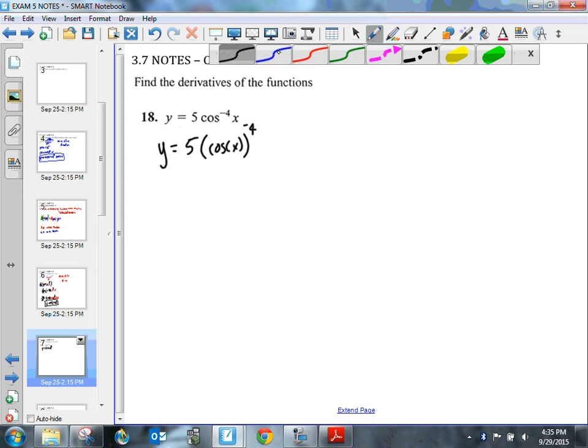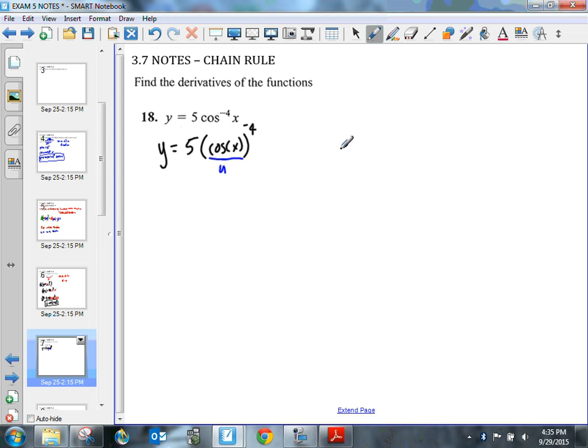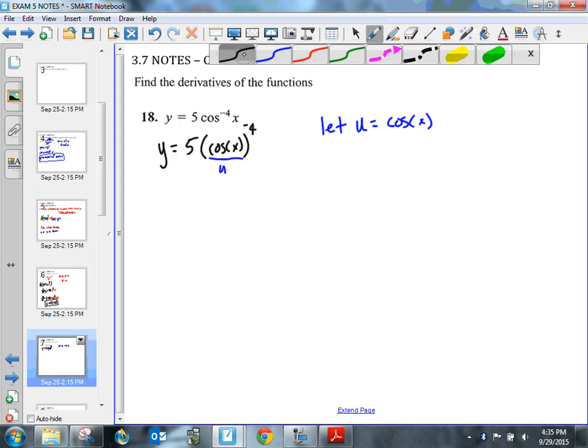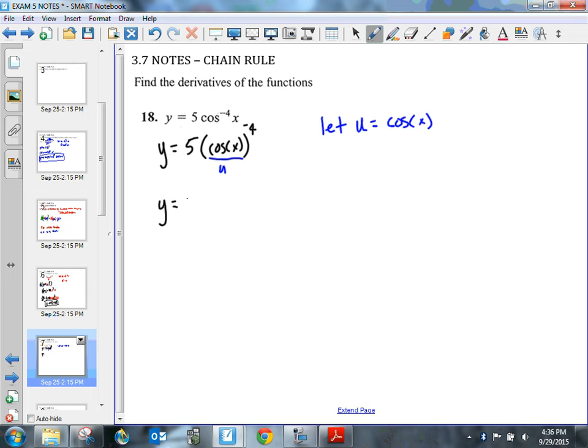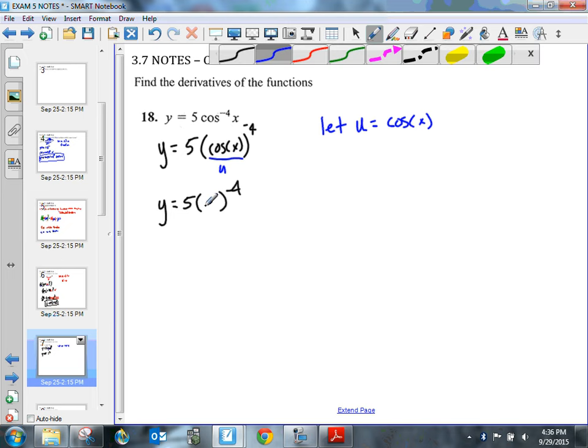And so let's see what we can do here. Now, here's what I've got. Here's my inside function, and I'm going to call this u, all right? So if I let u equal cosine of x, then I want to come back here and rewrite my function as y equals 5 times some quantity to the negative fourth, and I'm going to put my u in there, okay?